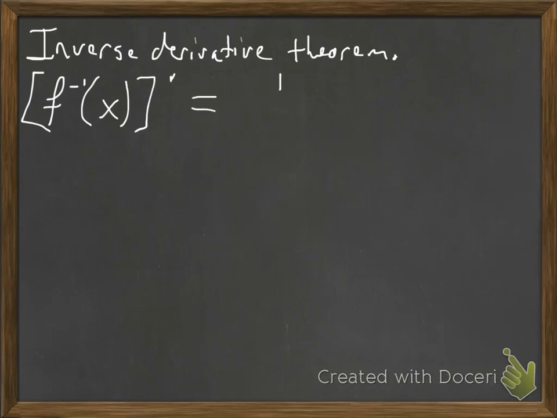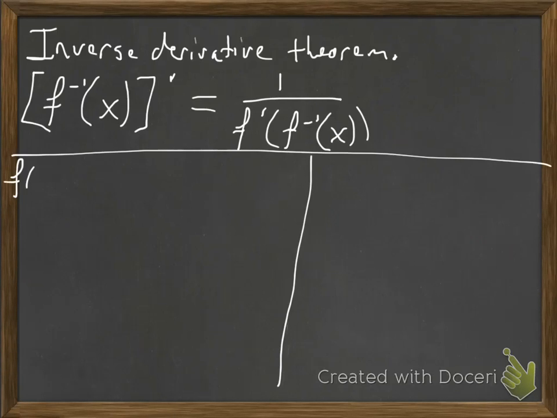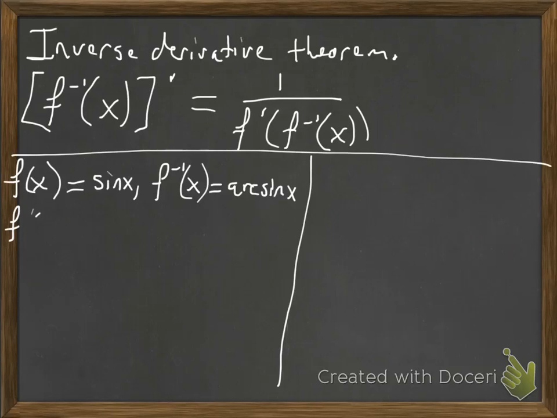So when I want to take the derivative of the inverse function, it's going to be 1 over the derivative of the function composed with the inverse function. So if we start out with our original function is the sine, the inverse of the sine is the arcsine. The derivative of sine is cosine.